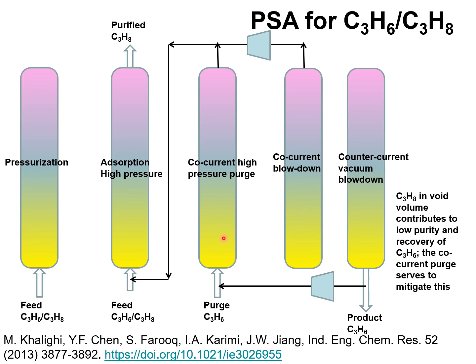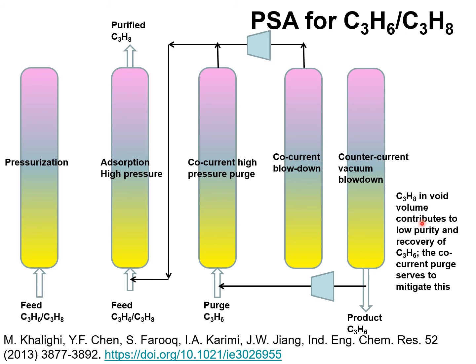The co-current high pressure purge is followed by co-current blowdown, and the gases here are compressed and fed back into the adsorption cycle. And finally, the 5th stage is countercurrent vacuum blowdown, wherein the exit gas contains the desired propene product.